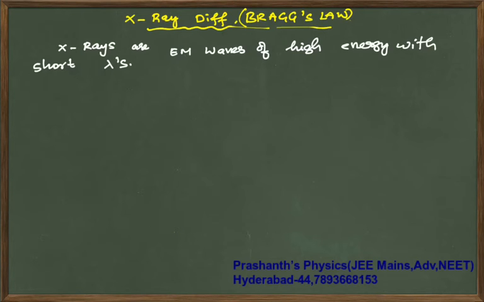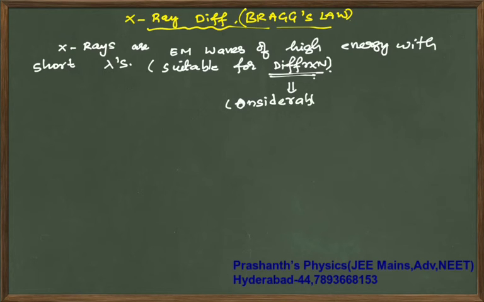This makes it suitable for diffraction. Diffraction means bending of light. This diffraction is considerable when the apertures, gap or hole, are of the order of the wavelength, around 1 angstrom. You can watch my diffraction video.